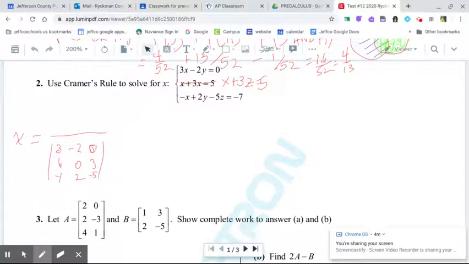All right. So first thing you do is check your column. As you know, hopefully in Cramer's, the top matrix, what you're looking for gets replaced. And so because we're looking for x, we're going to replace x with 0, 5, and -7, the constants on the right-hand side of the equation. The y stays the same and the z stays the same.